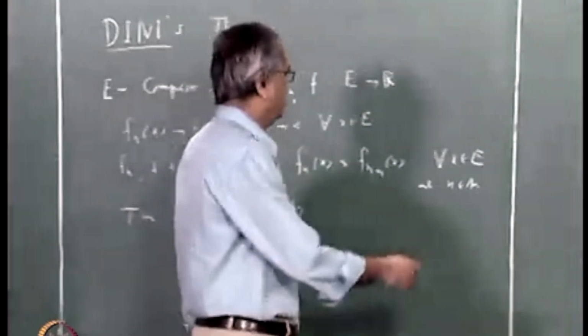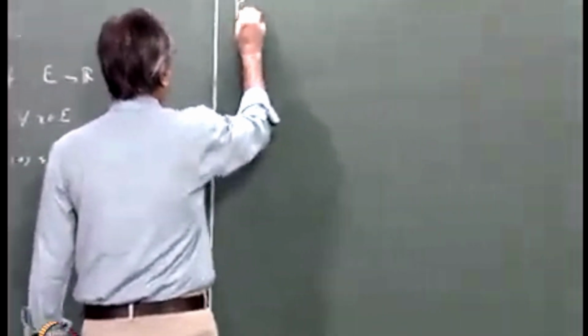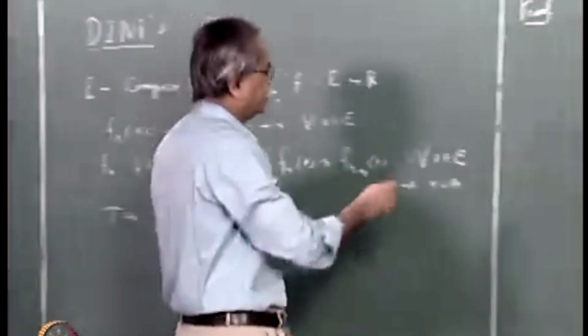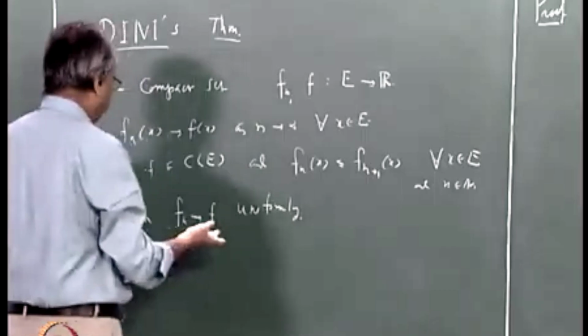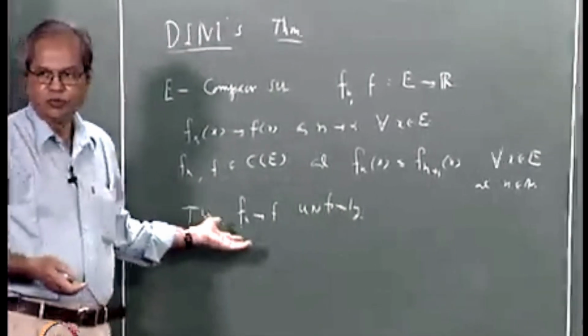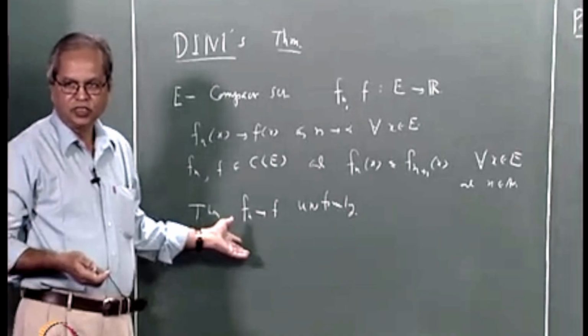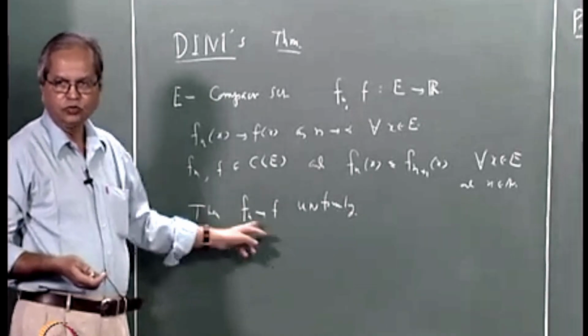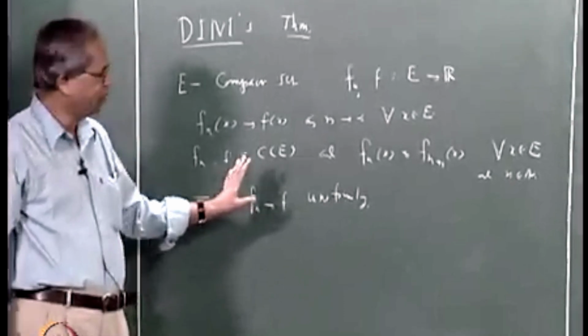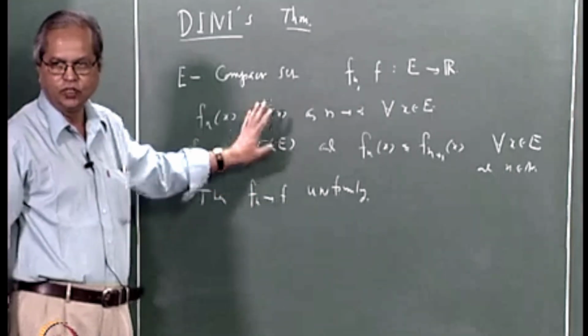Let us now look at the proof. Let us take some x in E. Now again, whenever you want to prove Fn converges to F uniformly, by definition what we have to do is that given epsilon, we have to produce some n0 such that whenever n is bigger than or equal to n0, mod Fn(x) minus F(x) is less than epsilon, and that should happen for every x in E. That n0 should work for every x.